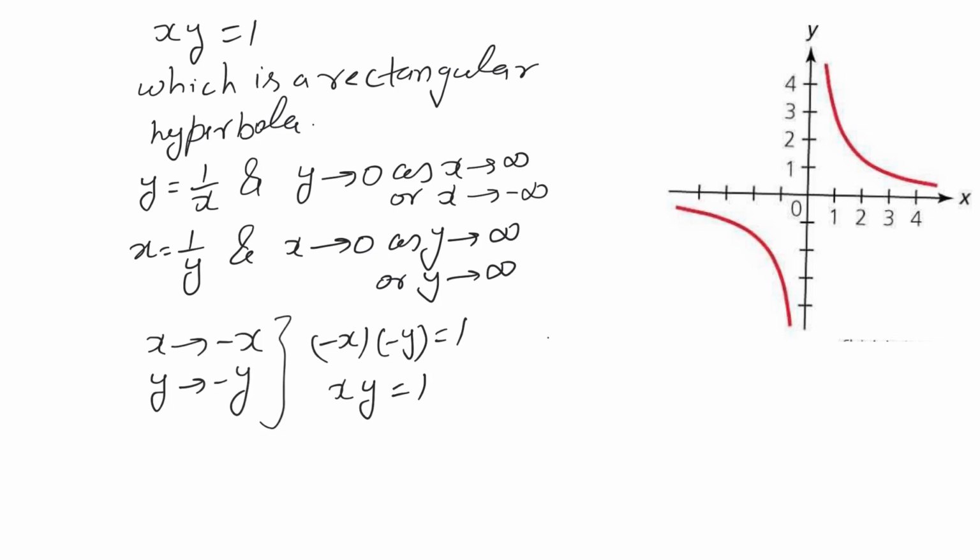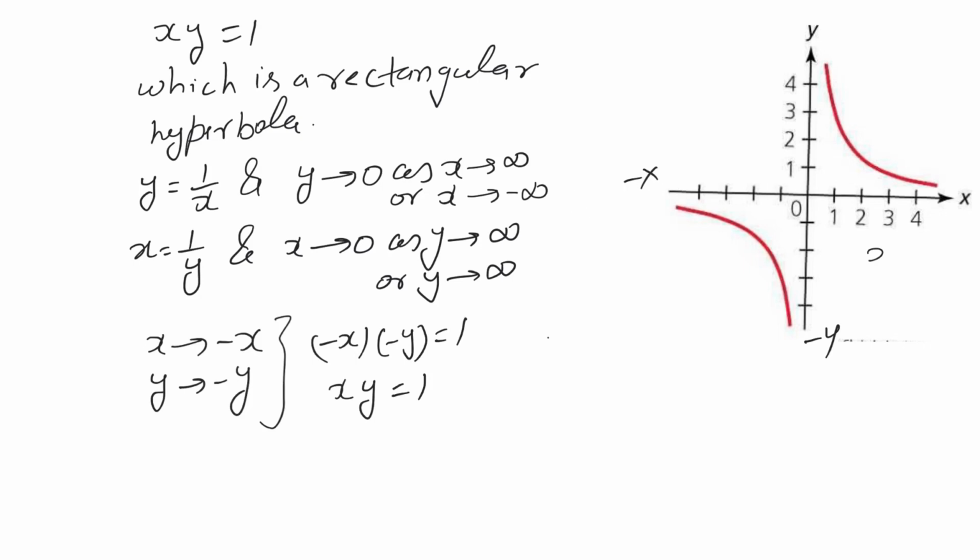opposite quadrants. So this is the figure of the rectangular hyperbola, and in this hyperbola the curve is approaching near to x-axis, as x is running to infinity. Also, the curve is approaching to negative x-axis as x is approaching to minus infinity.